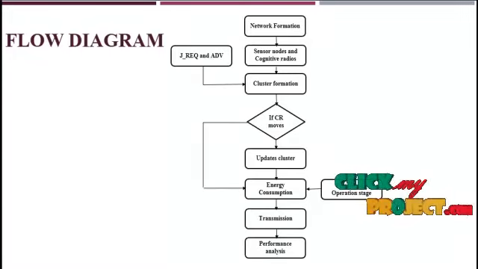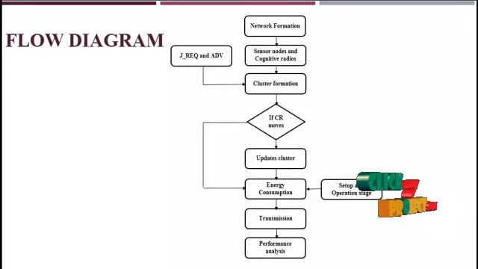From that energy consumption, we have to do the successful transmission from the source to destination via the cognitive routers. We have to analyze our performance using the graph which compares the performance between the existing and the proposed systems.